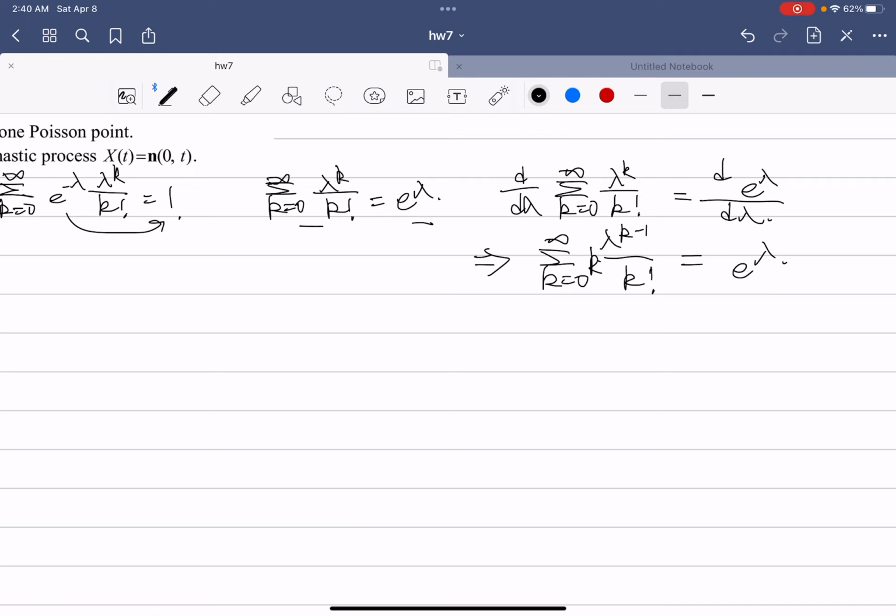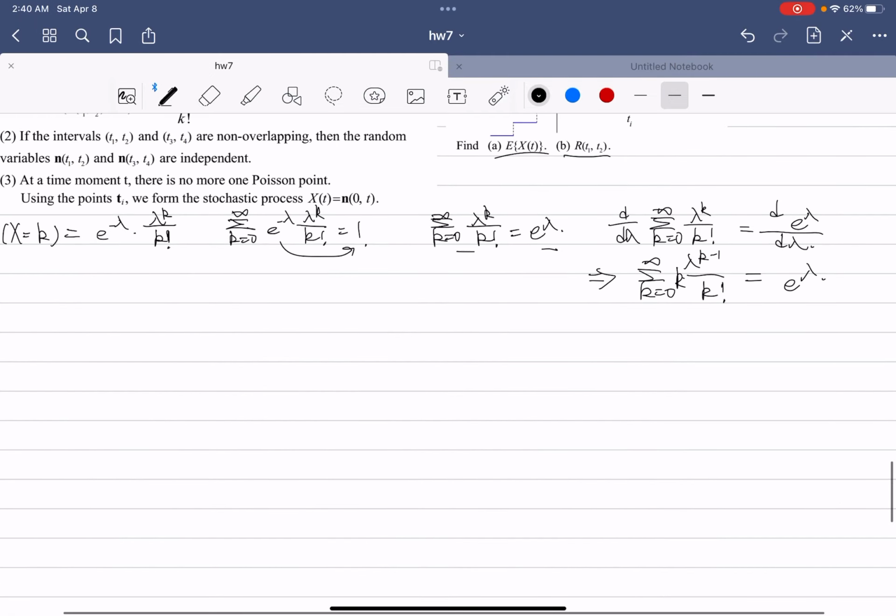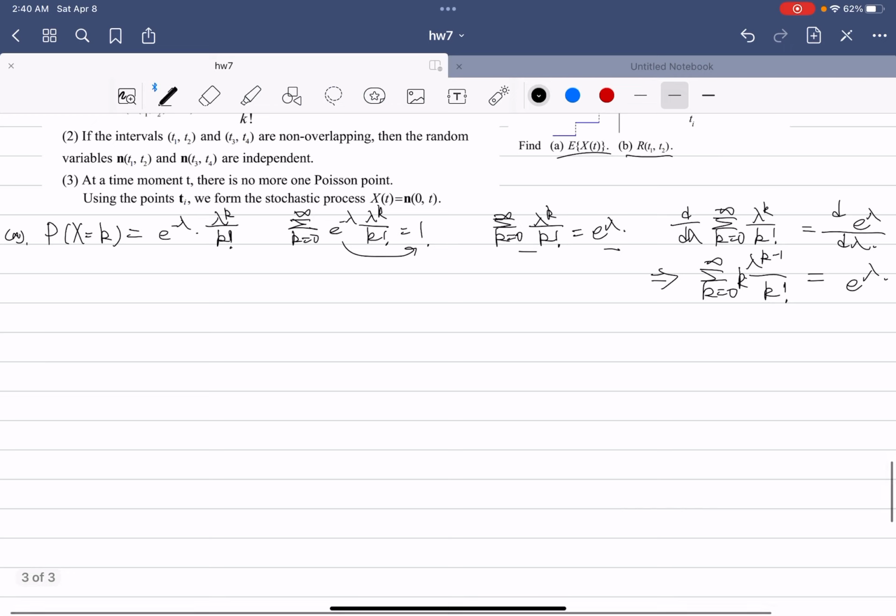So the sum from k equals 0 to infinity of k times lambda to the power of k divided by k factorial equals lambda times e to the lambda.